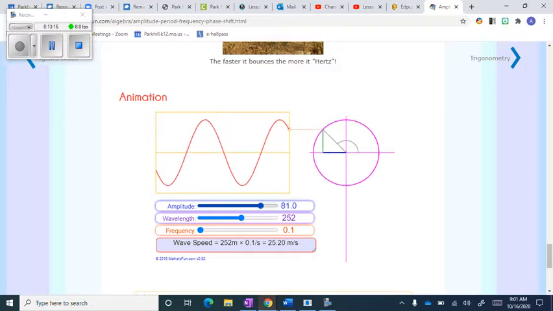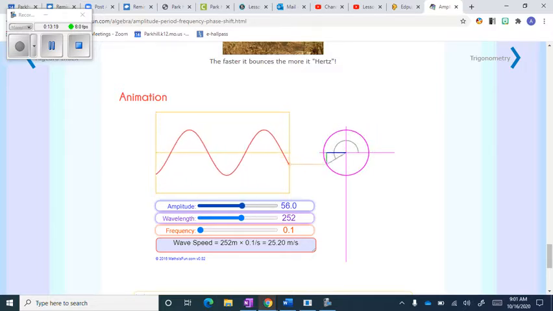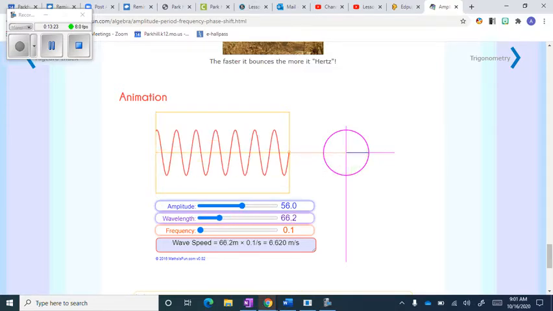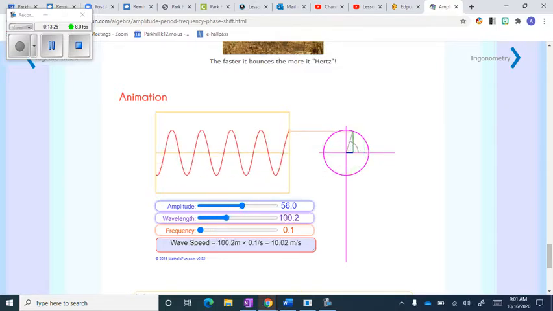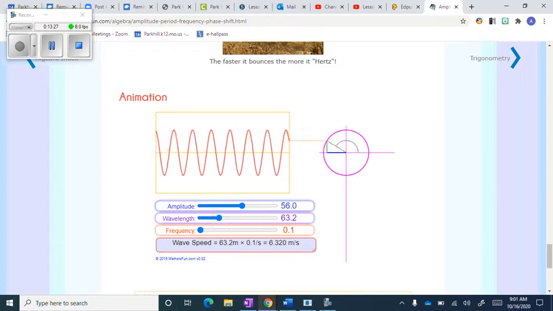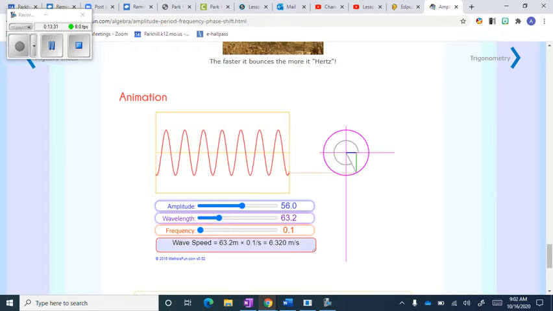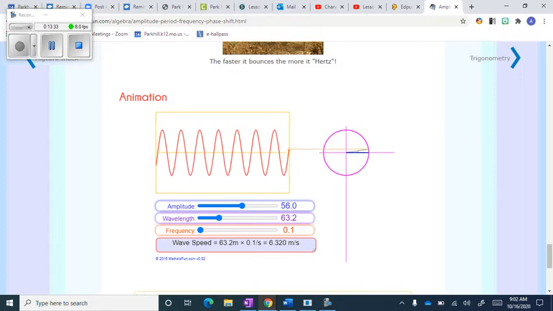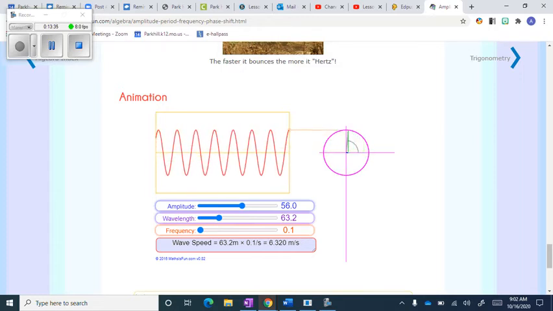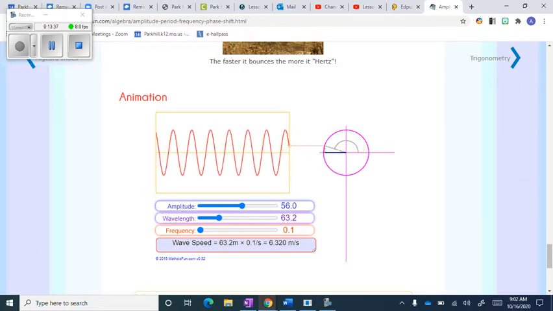But now, let's go back to normal. Our wavelength is what we're talking about now. It's going to compress it. So if we have the 3, instead of having the look of one graph as it goes around the circle, it's going to have the look of 3 graphs as it goes around the circle.